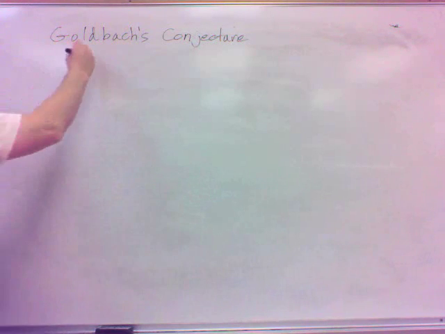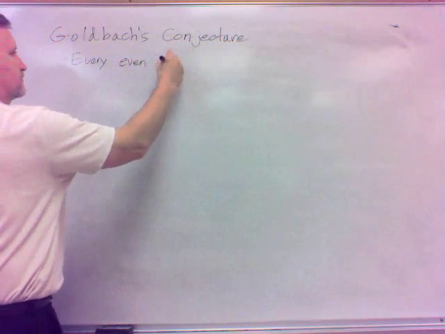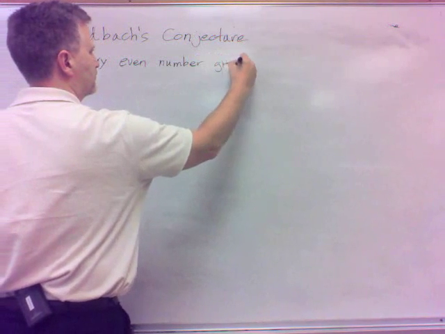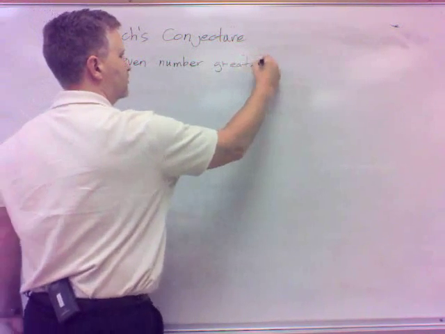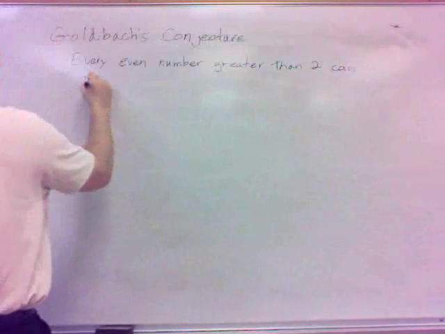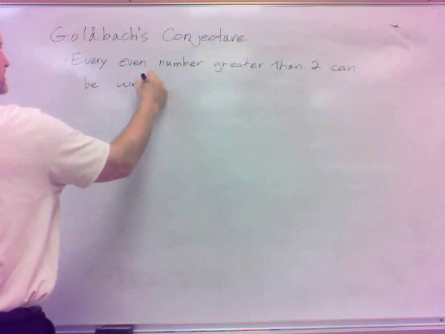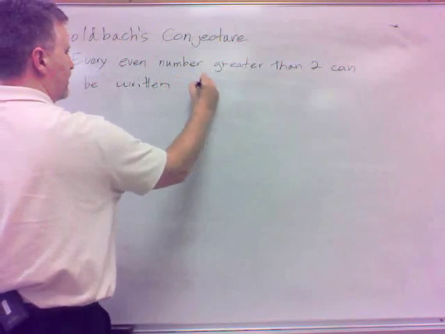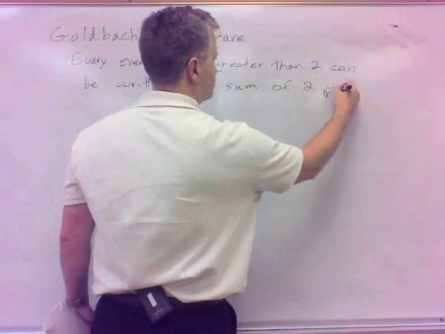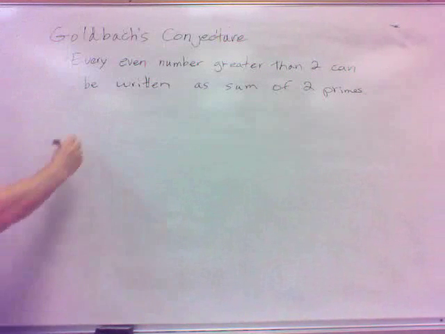Every even number greater than 2 can be written as a sum of 2 primes in at least one way.